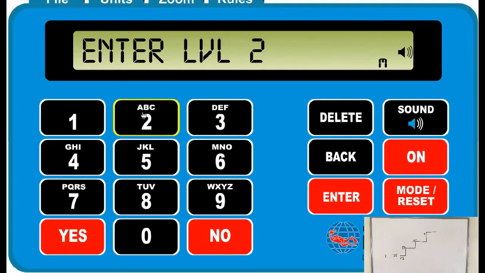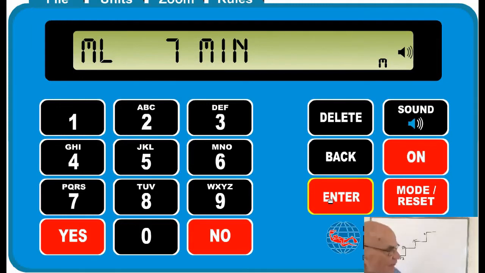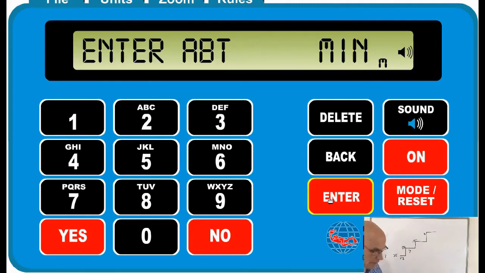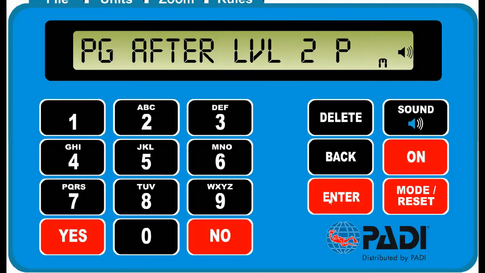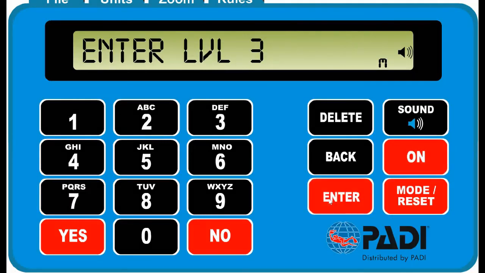The next level is 24 metres, so we just plumb that in. Click enter. It says we can stay there for 7 minutes, so we will. Enter level 3, 15.